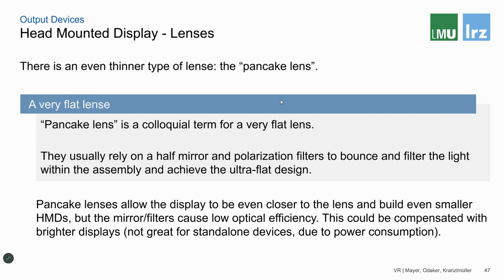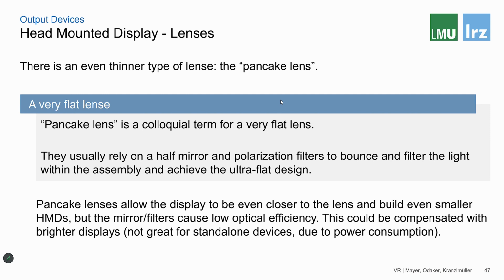And these are usually designed to rely on half mirrors, so mirrors that only let light through from one side, in combination with polarization filters. And what that does is that it's not just one lens and light passes through it once, but due to these mirrors and filters, light can bounce around in there, it bounces back and forth, and therefore has the same effect as a normal lens and still achieves a very, very flat design.